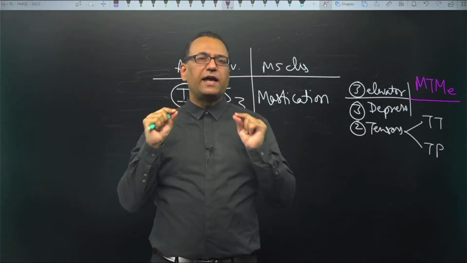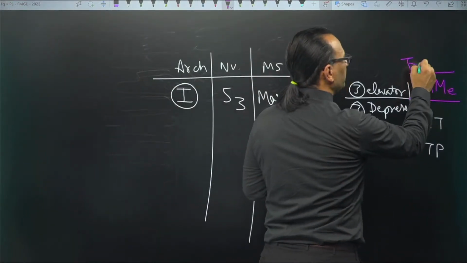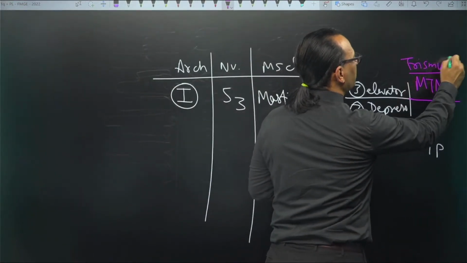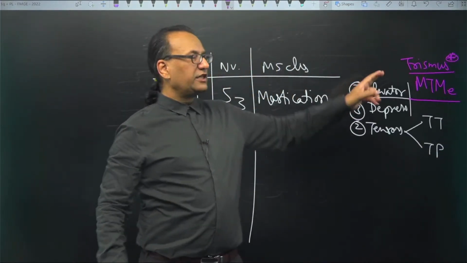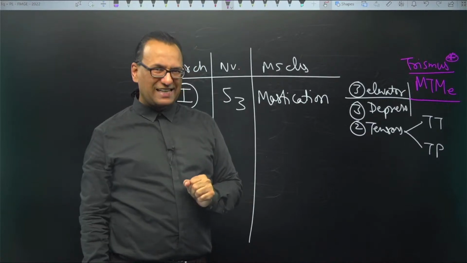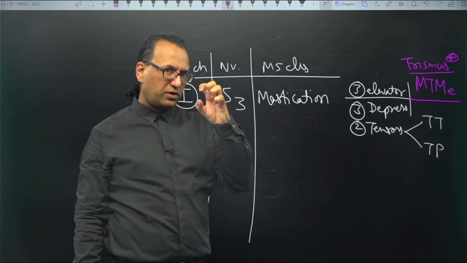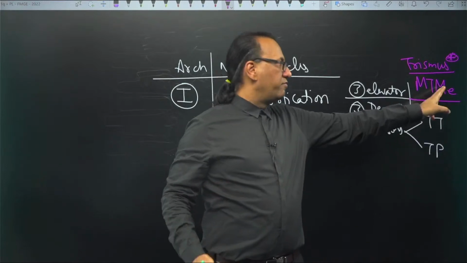This can result in trismus, which came to you as a question. Trismus, which is lockjaw, can be due to spasm of muscles like masseter or medial pterygoid.